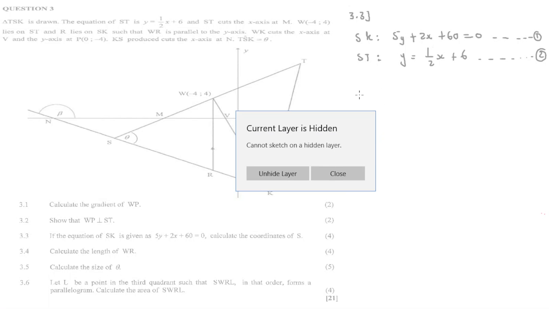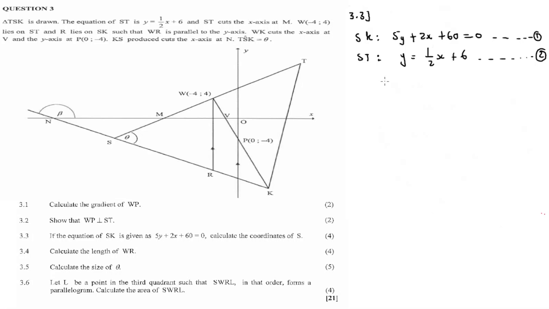In equation 1, where there's a y, we put 1 over 2x plus 6, plus 2x plus 60 is equal to 0.